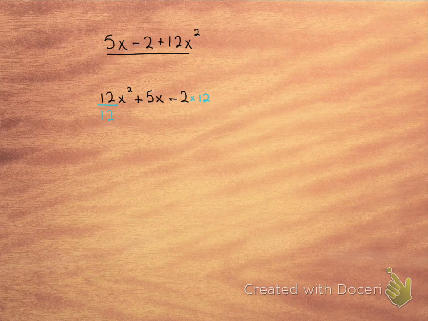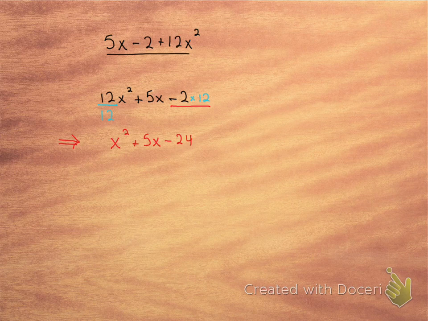So for right now, what we are temporarily factoring is 12 divided by 12 gives us the x squared plus 5x, and the product of negative 2 and 12 is negative 24. So what we are temporarily factoring is x squared plus 5x minus 24.